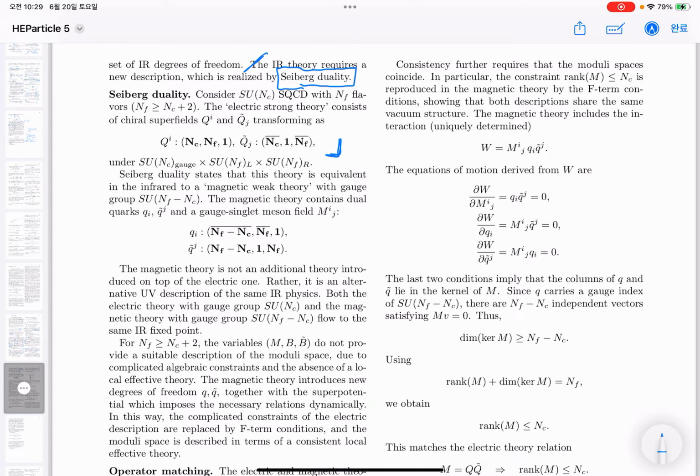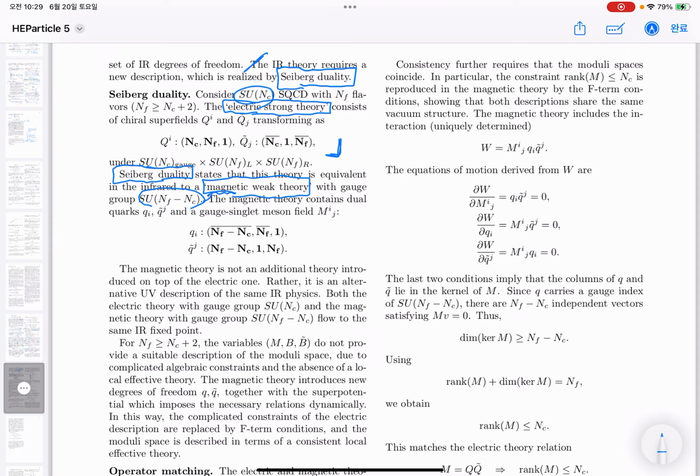And the Seiberg duality states that this theory is equivalent in the IR to a magnetic weak theory. So there is a duality between the electric strong theory and the magnetic weak theory. The electric strong theory is described by the SU(N_C) gauge theory, but the magnetic weak theory is described by the SU(N_F minus N_C) gauge theory.